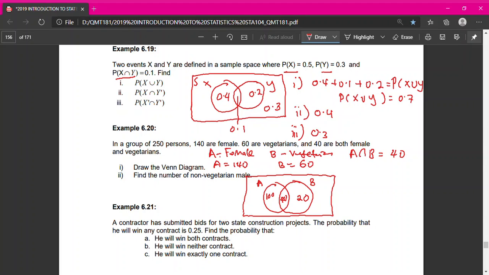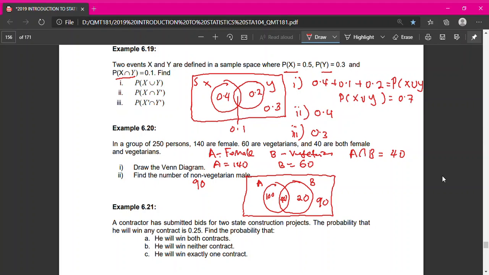So, 250 minus that value ada 90 kat luar ni. So, dia tanya, draw the Venn diagram. So, this. Find the number of non-vegetarian male. Event A, female. Event B, vegetarian. So, yang kat luar ni adalah non-vegetarian male. So, the value is 90.